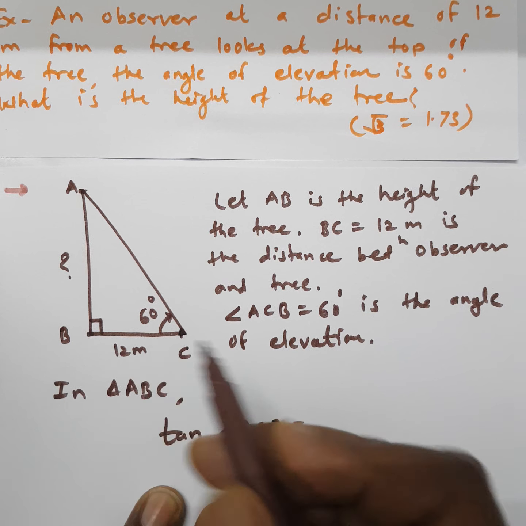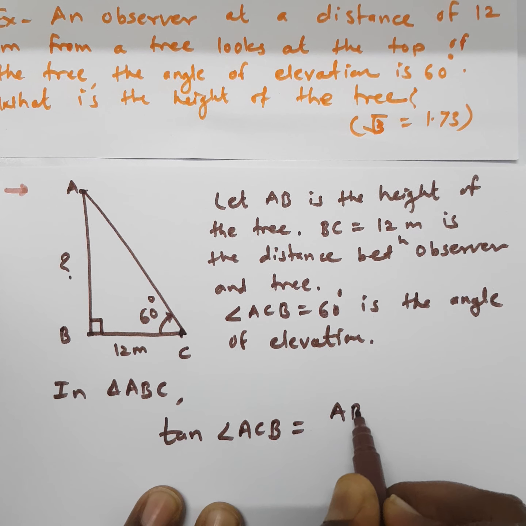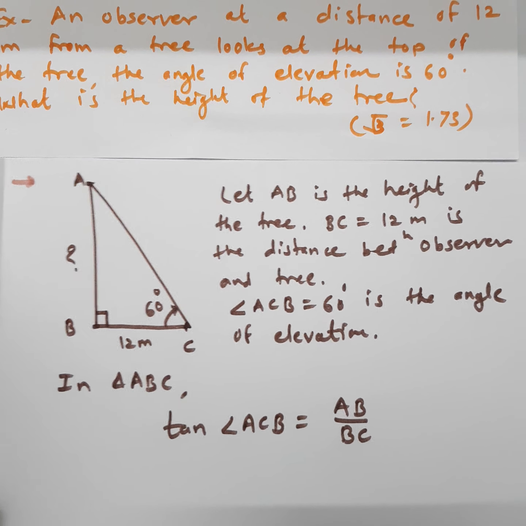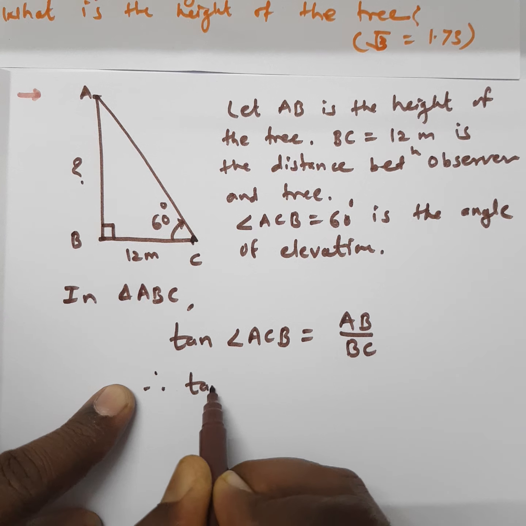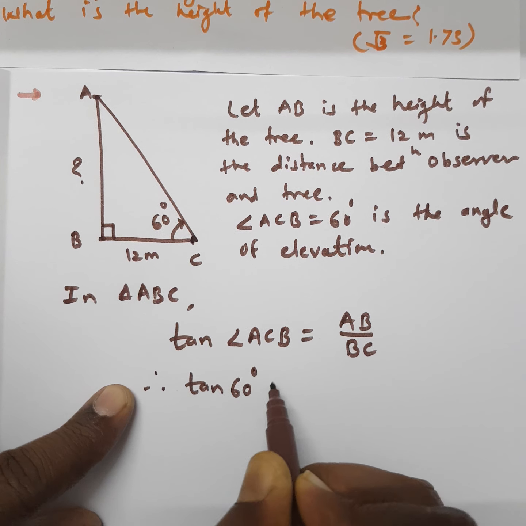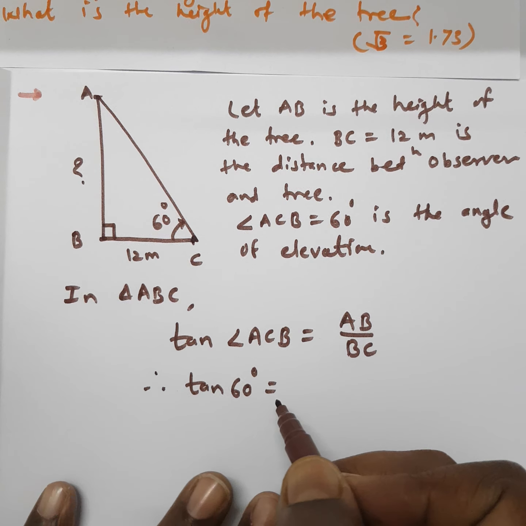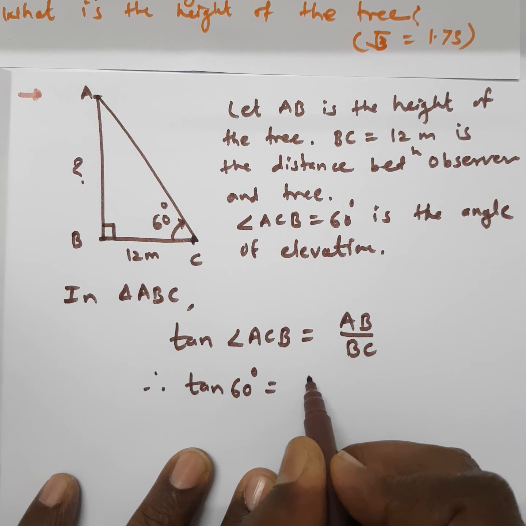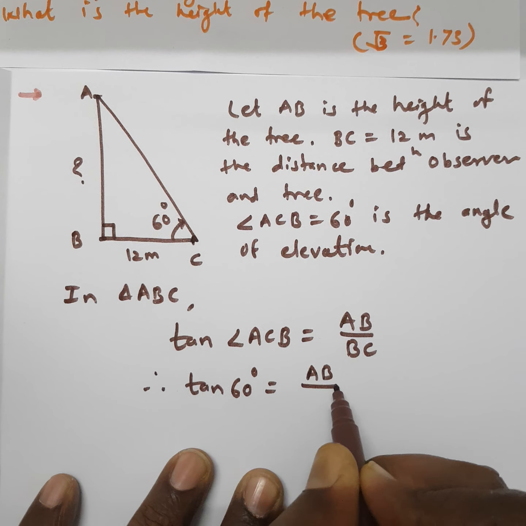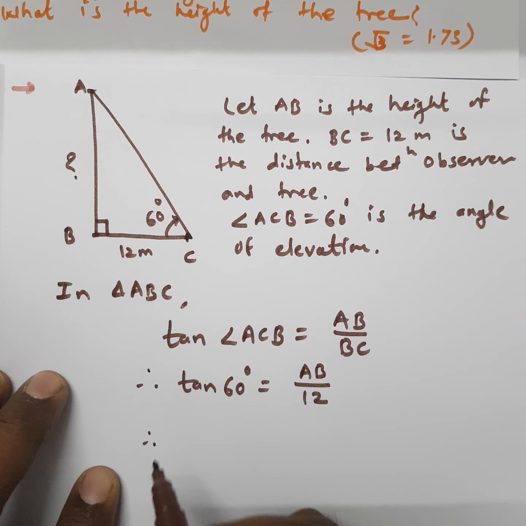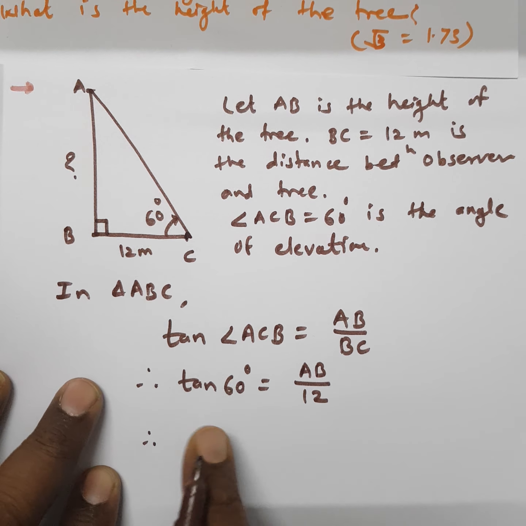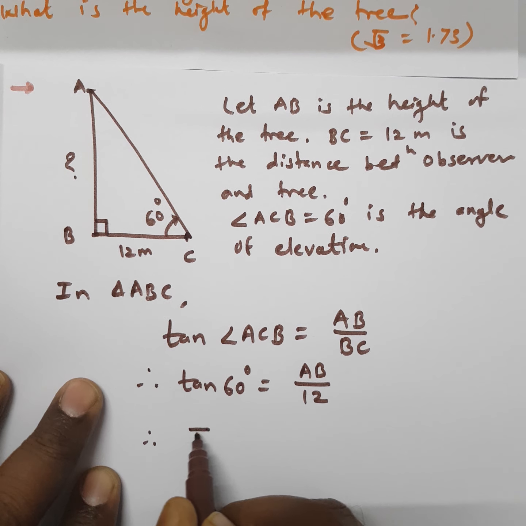Opposite side upon adjacent side, that is AB upon BC. Now angle ACB is 60 degree, therefore tan 60 degree is equal to AB upon 12. Therefore we know the value of tan 60 is root 3.